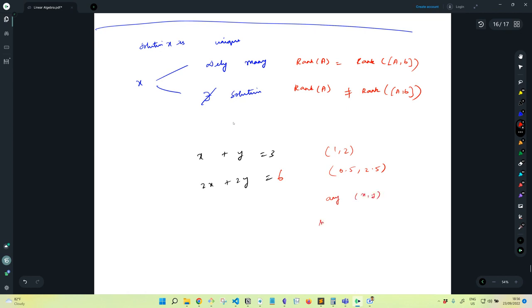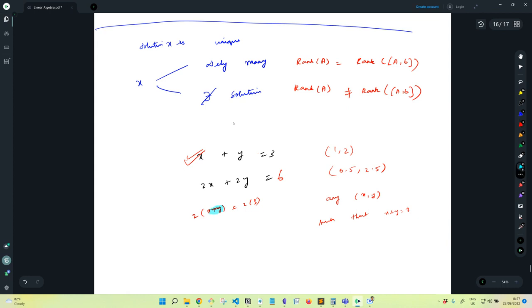In fact, let me convince you that any x comma y such that x plus y equals 3 satisfies the system. Any solution that satisfies the first equation will satisfy the second equation also. Why? Because the second equation is a scalar multiple of the first equation. I can write the second equation as 2 into x plus y equals 2 into 3.